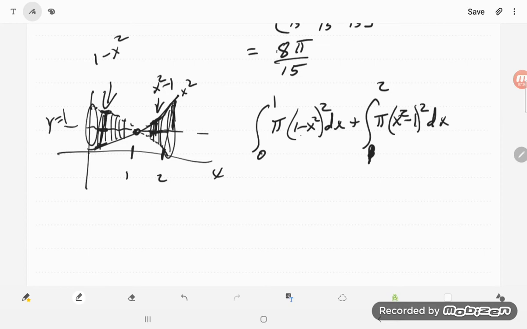So it actually doesn't matter if we find that difference between them in the positive, which is what we did here, or if we had it go negative, which, if we hadn't changed to x squared minus 1, we would have had 1 minus x squared. That would have been a negative number, but we end up squaring it.